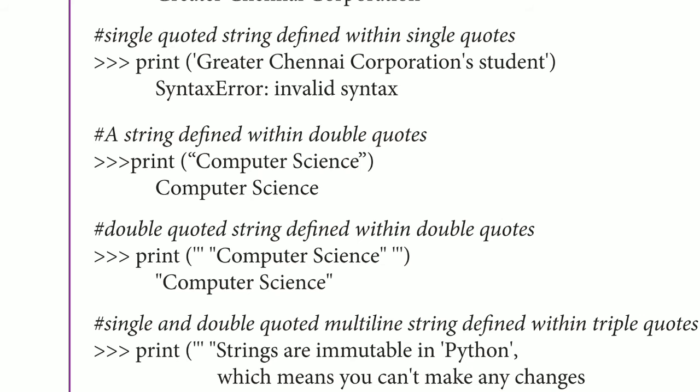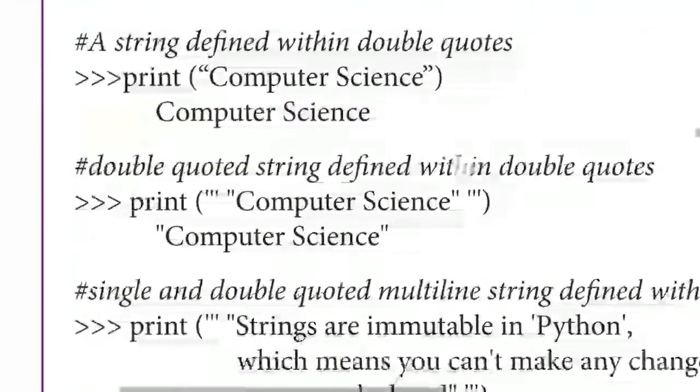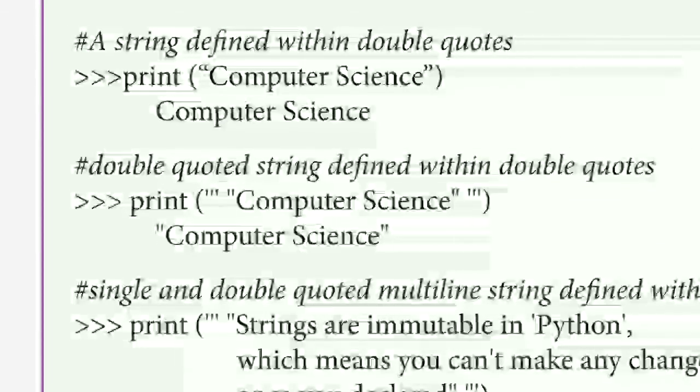In the next case, you want to print the double quotes in the output itself. In the previous one there were no double quotes in the printed output, but here you want the double quotes in the output, so they have used triple quotes to print the double quotes.